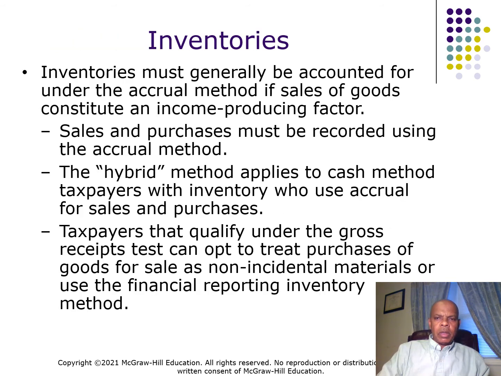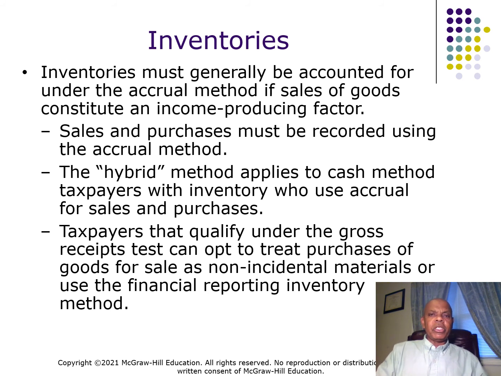Okay, we get into looking at inventory. How are you going to treat inventory? It's a very important topic to discuss. Inventory must generally be accounted for under the accrual method if sales of goods constitute an income-producing factor, which is almost all the time, for the most part, we say.